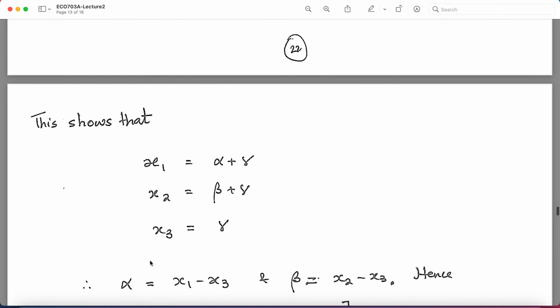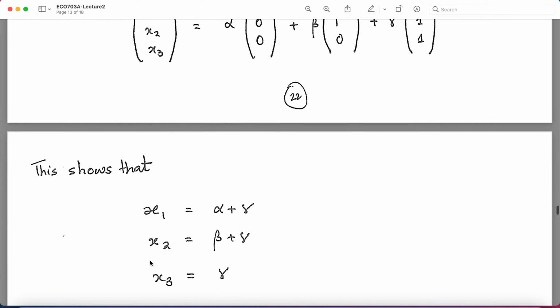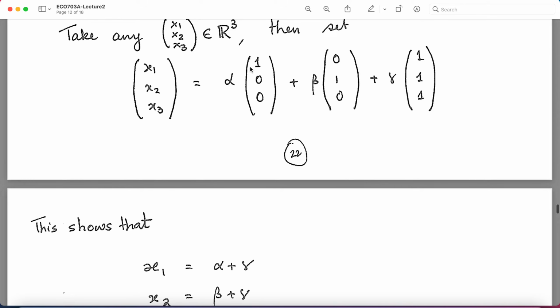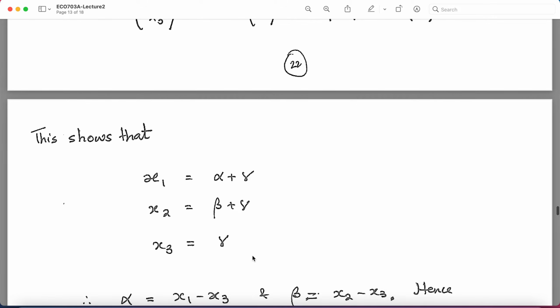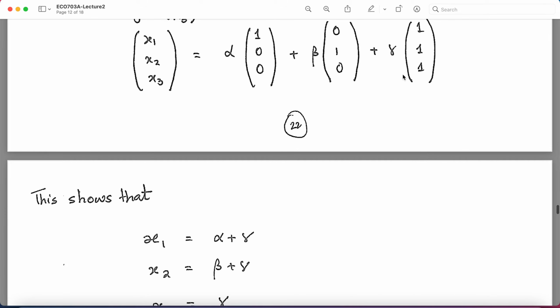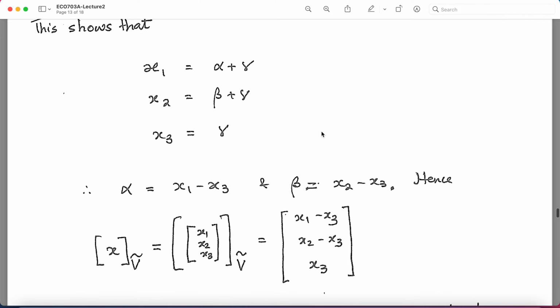Here, if I calculate, x1 is alpha plus gamma, x2 is beta plus gamma, and x3 is gamma. From these equations, what do I get? Alpha is equal to x1 minus x3, because x1 minus gamma is alpha, beta is x2 minus x3, and gamma is x3.